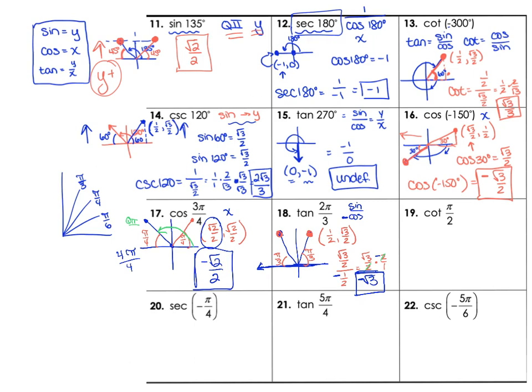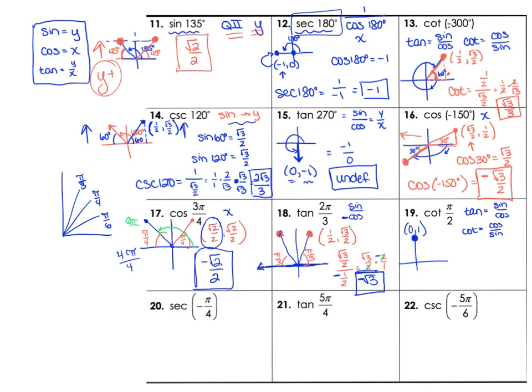Number 19, cotangent of pi over 2. So we know that tan is sine over cosine. So cotan is going to be cosine over sine. Those are the reciprocal functions. So pi over 2 is my quadrantal angle, 0, 1.